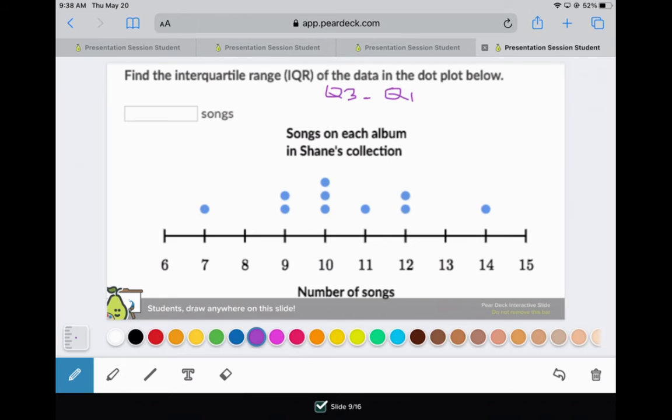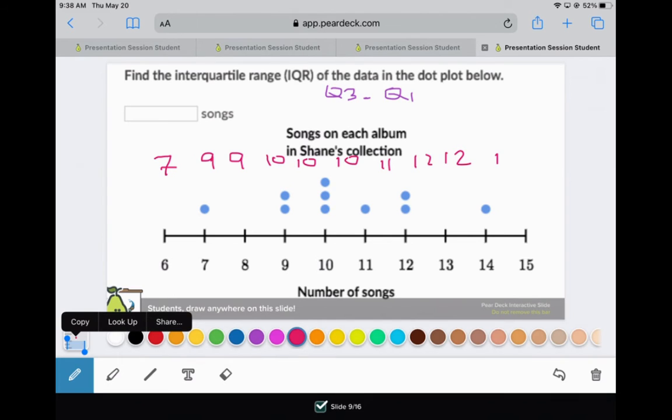The first step is that I look at the dots, and then I have to relist these dots as my data. So for 7, I have 1, 7. For 9, I have 2, 9. For 10, I have 3, so that's 10, 10, and 10. Then for 11, I have 1. For 12, I have 2, 12. And for 14, I have 1, 14. So I list the numbers out.